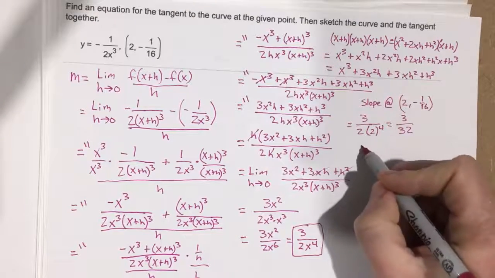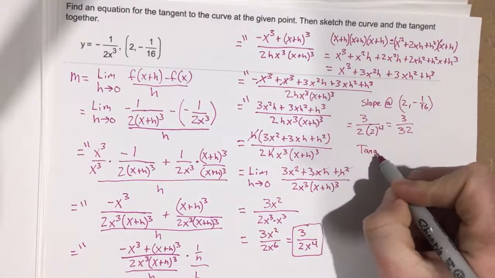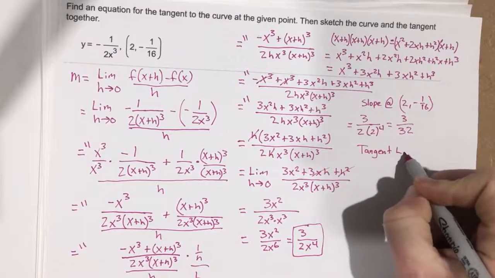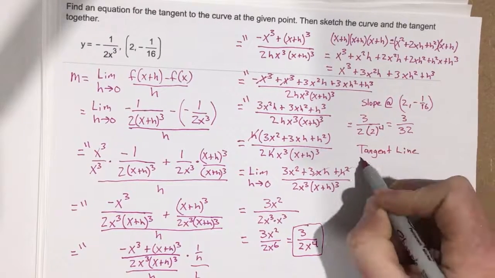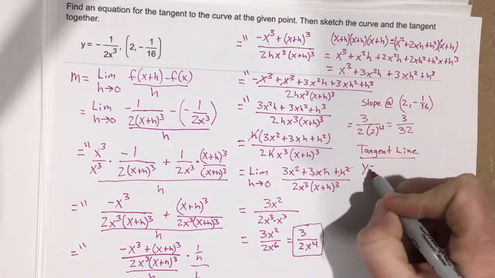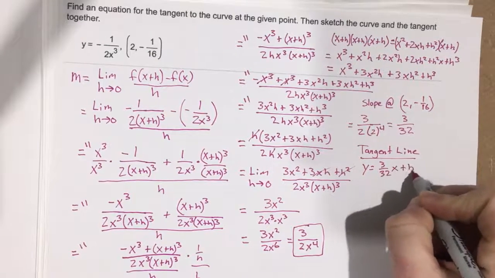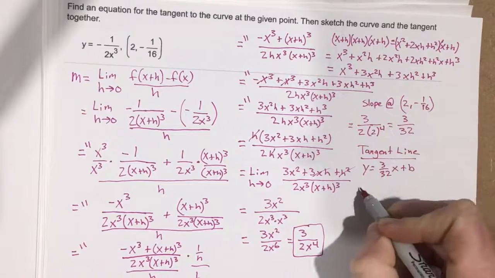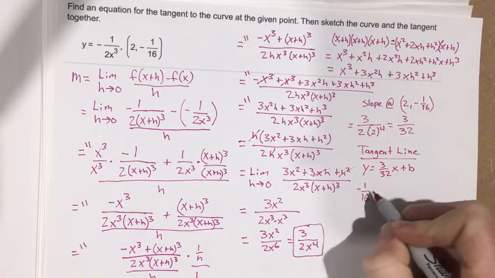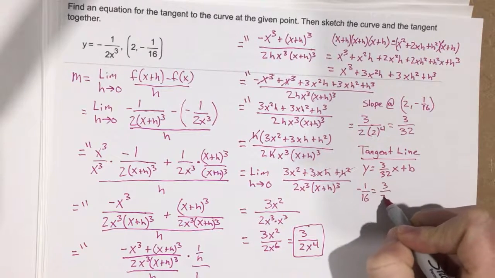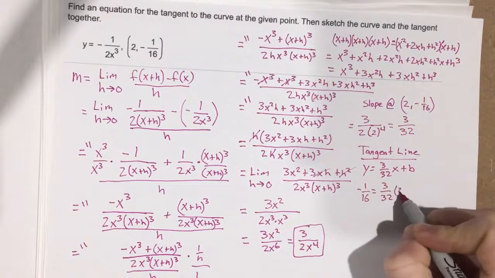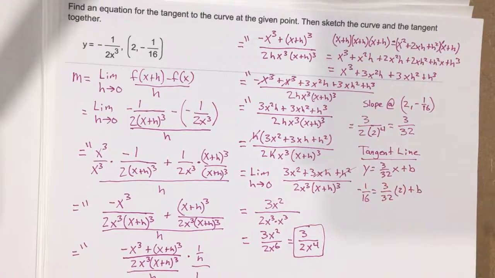So now I need to find the tangent line. I'm going to say y equals 3 over 32 x plus b. Plug in this coordinate, so I get negative 1/16 equals 3 over 32 times 2 plus b.